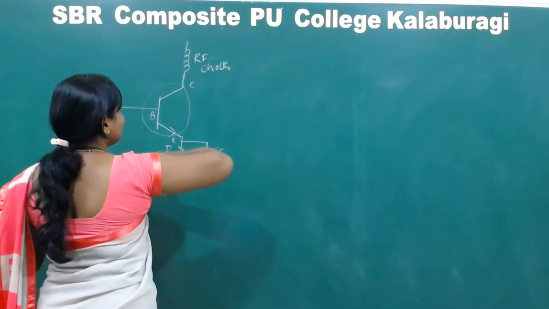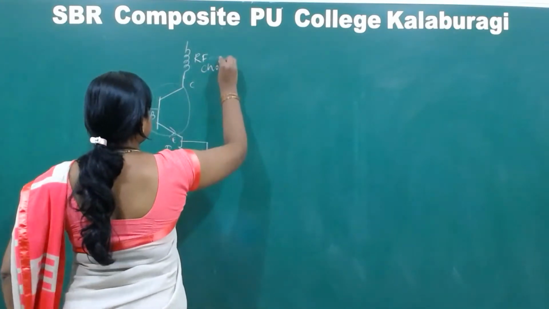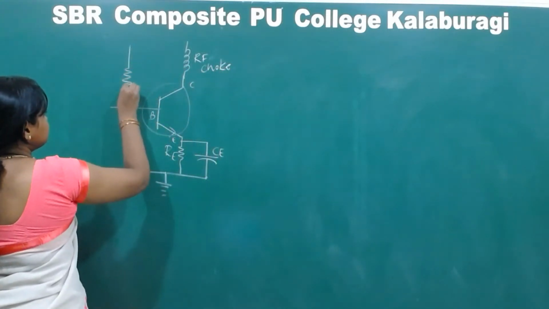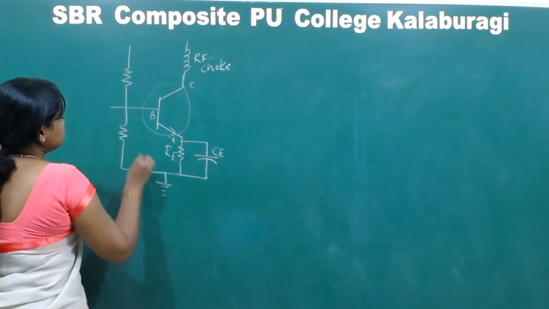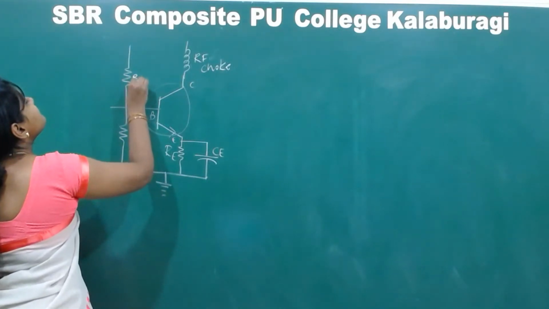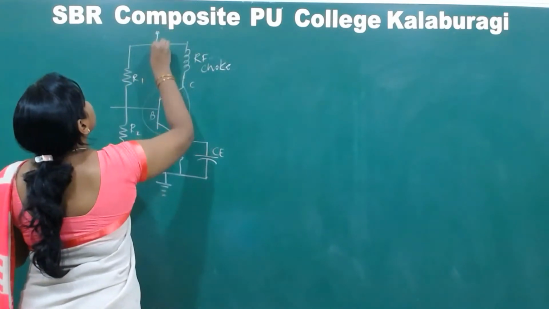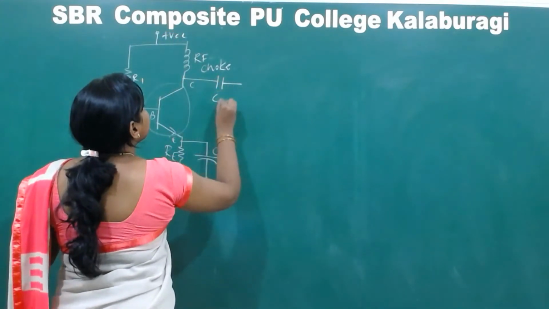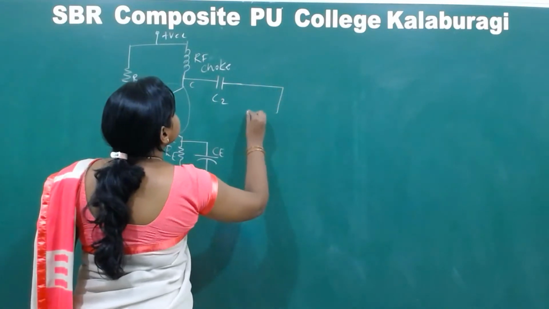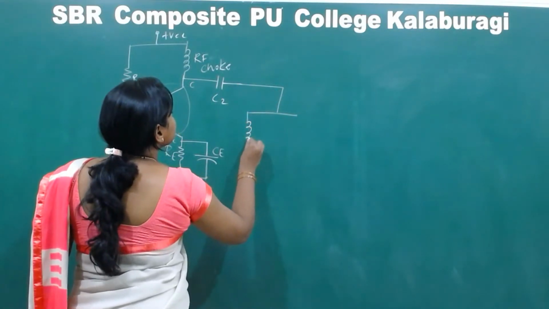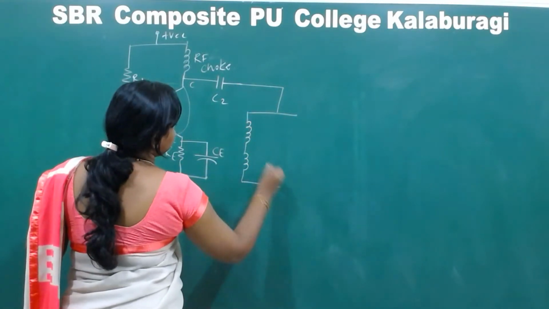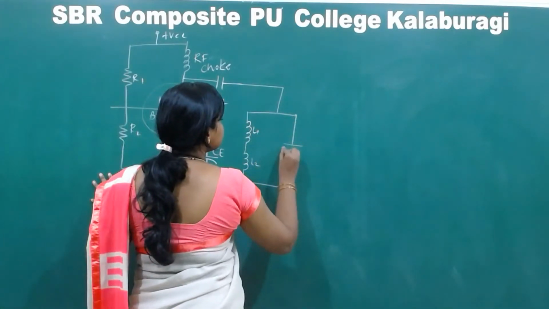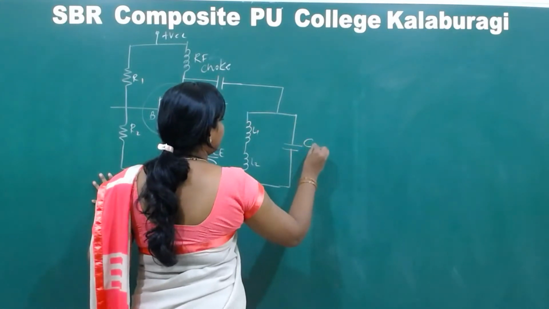Then R2, R1, VCC, output, coupling capacitor C2, two inductors L1 and L2, and one capacitor.